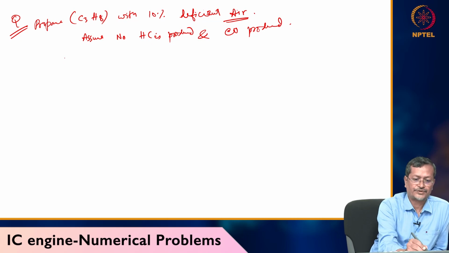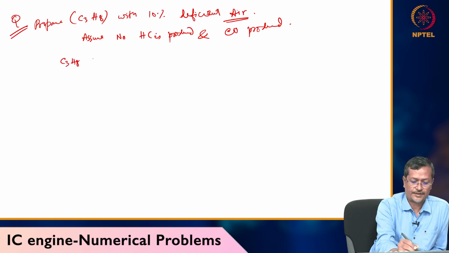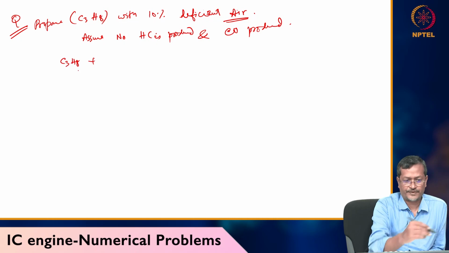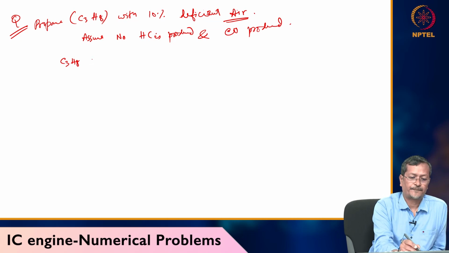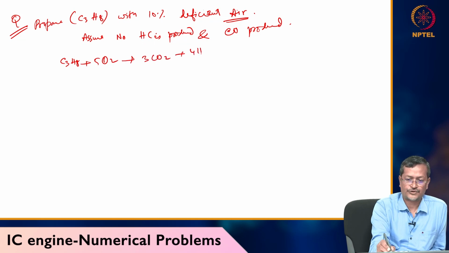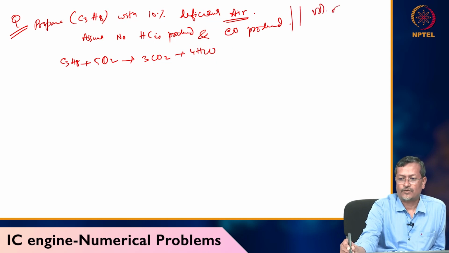First you write down the balanced equation: C3H8 plus 5O2 gives 3CO2 plus 4H2O. Now you have to calculate the volume of CO produced.